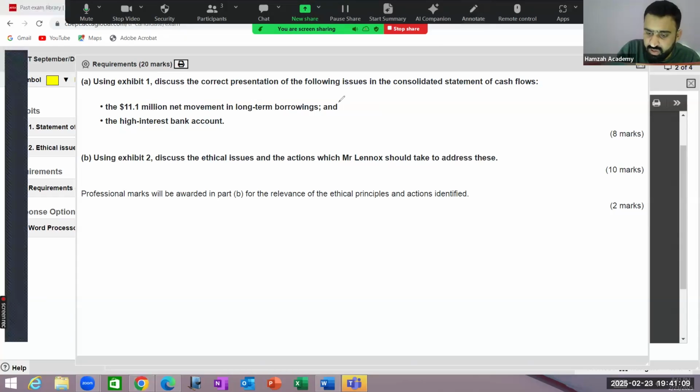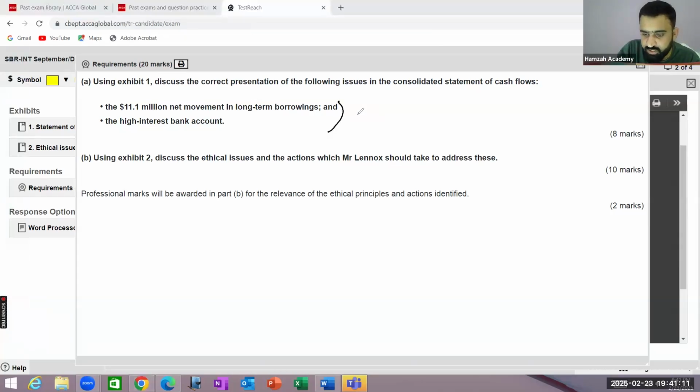Now, these requirements are relating to a cash flow statement, and the cash flow statement accounting standard is IAS 7. We know that a cash flow statement consists of 3 activities: operating, investing, and financing activities. For operating activities, we have 2 methods: the indirect method and the direct method.